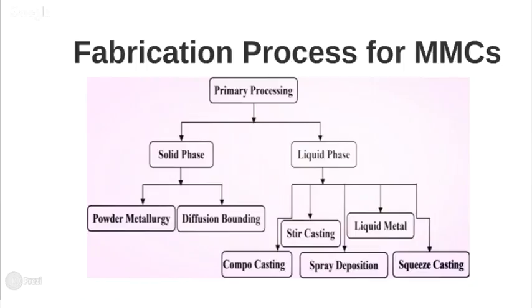Almost close to 70 to 80% of the metal matrix composites which are aluminum based are made with the help of a liquid casting route. In that, people are using stir casting as well as compo casting. Now, what is compo casting? Compo casting is the process in which the molten metal as well as the silicon carbide, whatever you mix in, is cast not in the liquid form but in the mushy zone.